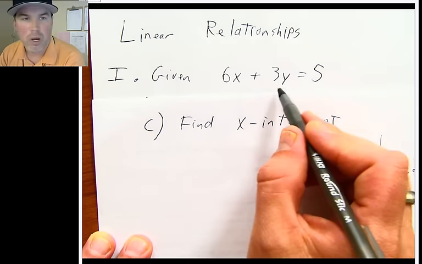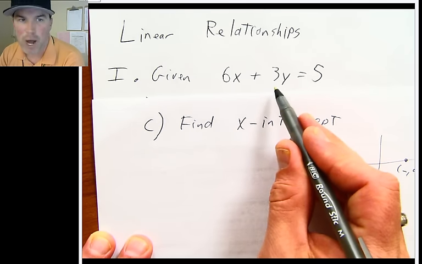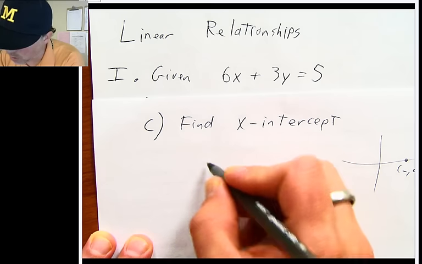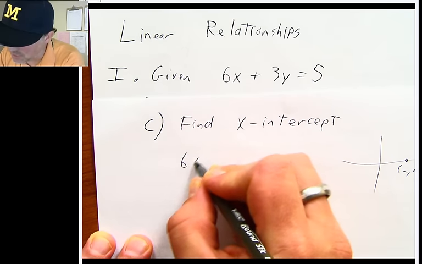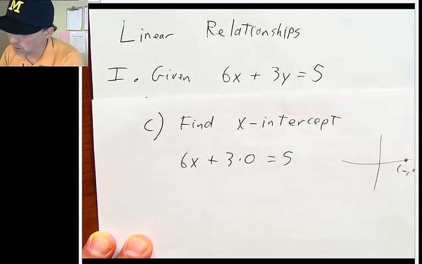So we know that the x-intercept will occur with this equation when the y-coordinate is equal to 0. So I go 6x plus 3 times 0 equals 5.